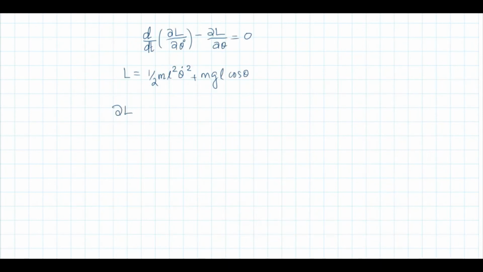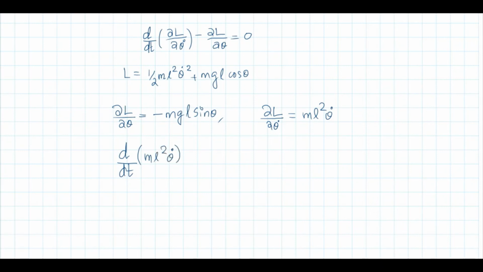Dou L by dou theta will be minus mgl sin theta. Dou L by dou theta dot will be m L square theta dot. Simply take partial derivatives with respect to theta and theta dot, and substitute back in the original expression. You will get m L square theta dot, differentiated with respect to time, minus minus mgl sin theta equal to 0.